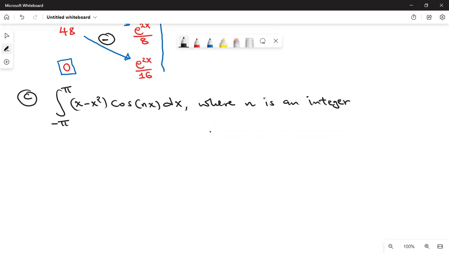N is an integer, either positive or negative, including 0.